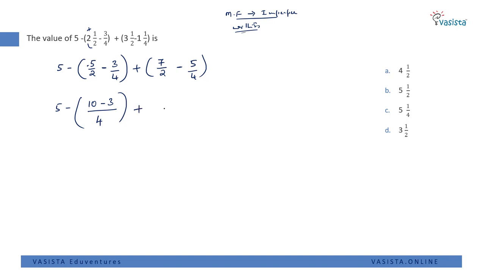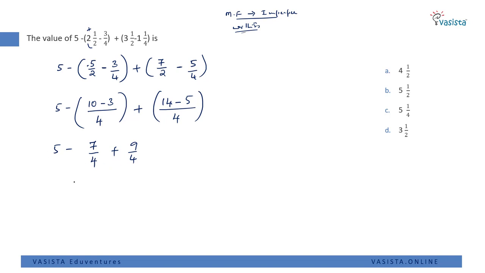Plus, again 4 is the LCM here, 2 2s are, 7 2s are 14, minus 5. Now this will become 5 minus, 10 minus 3 is 7 by 4, plus 14 minus 5, which is 9 by 4.